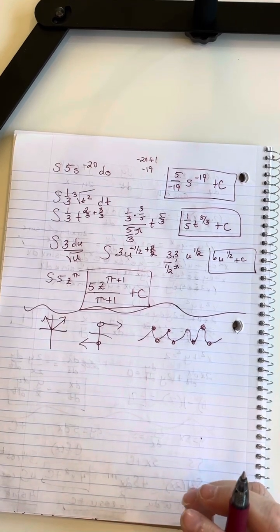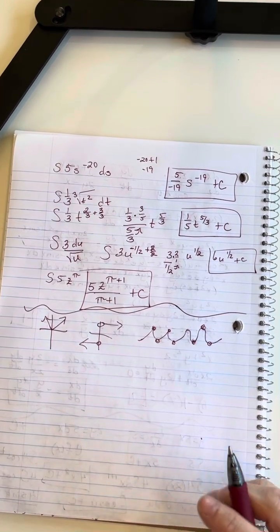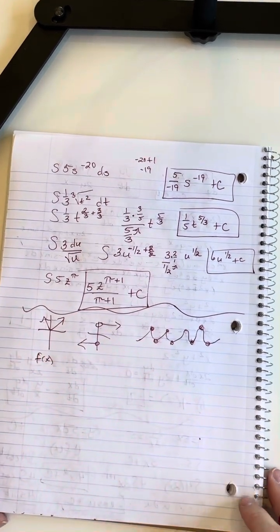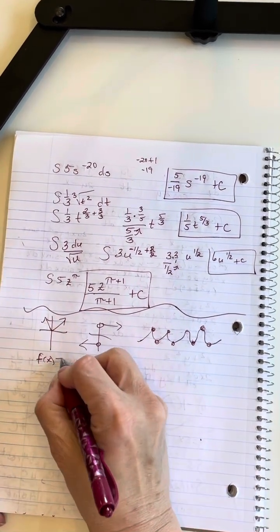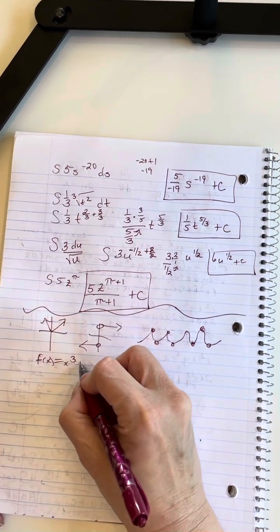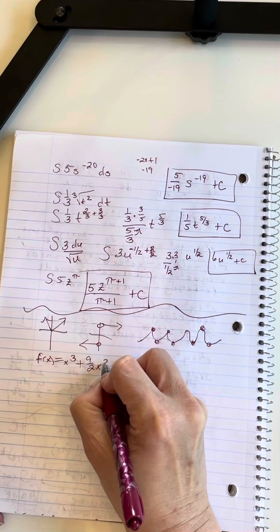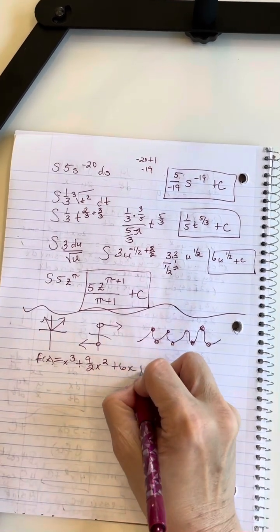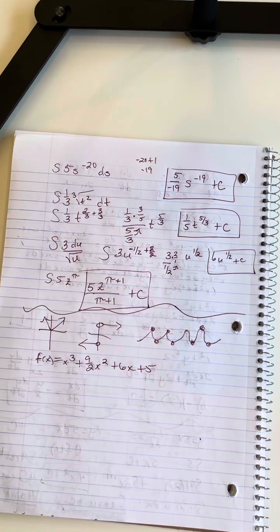In example 1, it says, find the critical numbers of this function. F of x equals x cubed plus 9/2 x squared plus 6x plus 5. Also find which is the relative maximum and minimum.